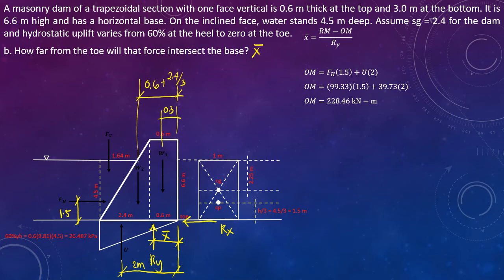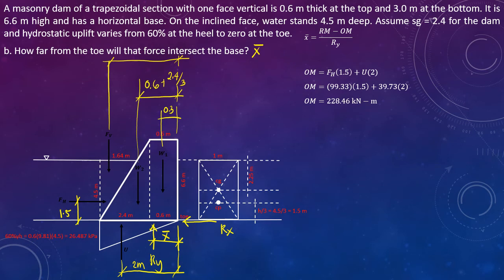And for the moment arm of FV with respect to the toe, that is simply 3 meters minus this distance, which is 1/3 of 1.64.